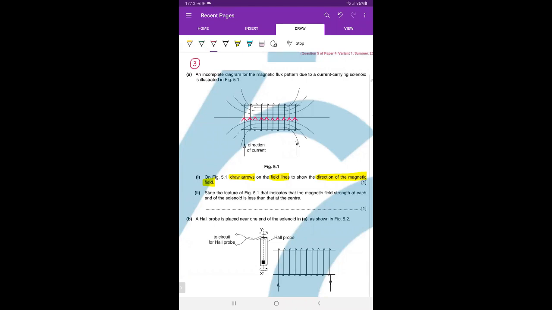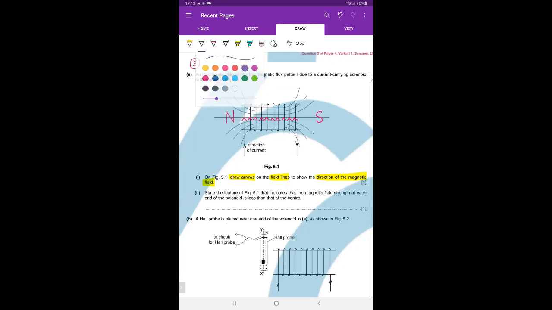ठीक है. Now with this direction of current, if you apply the right hand grip rule, तो अप्लाई करके देख लो. So your fingers should point in the direction of the current, and in the right hand grip rule, your thumb should point towards the north pole. So north आपके left पर आ जाएगा, south on the right. The question is asking us to construct the field lines now. So the field lines will come out of north and they'll go towards the south.